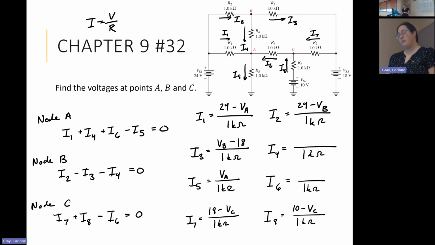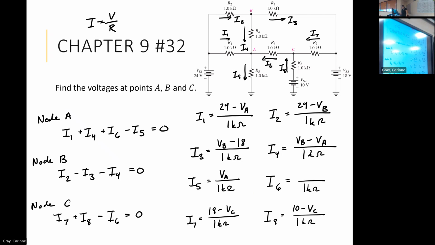Okay. So let's look at 4. For this one here, we are starting based off of the direction we've chosen, starting at B, going to A. So it should be VB minus VA. So it's always for this method, where you start minus where you end.